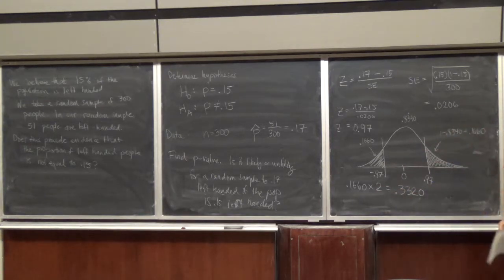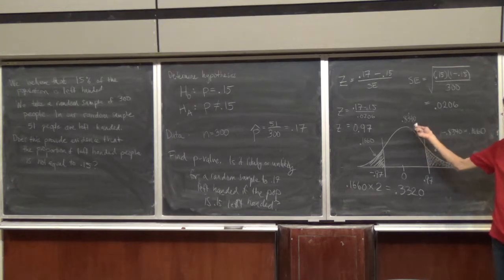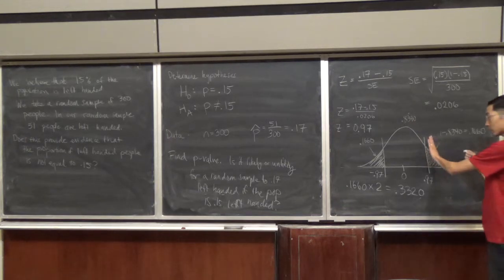Because normally you would be using the whole left side, whereas this time you're only using part of it. Why are you doing the 0.1660? When I look at 0.97, I get 0.8340, but I don't want the area to the left.